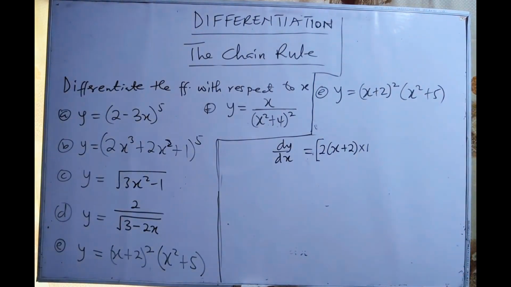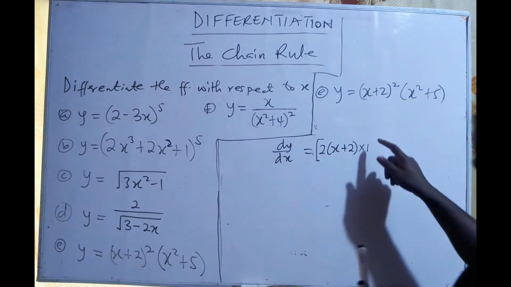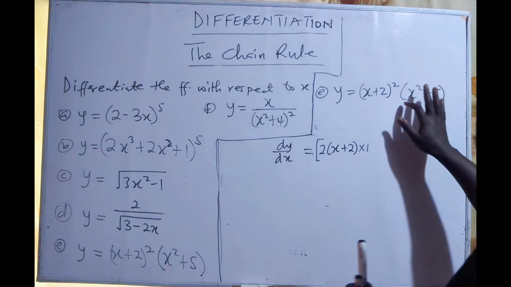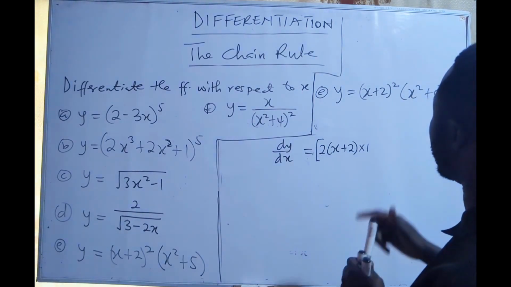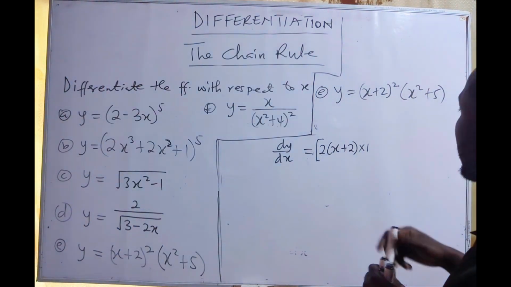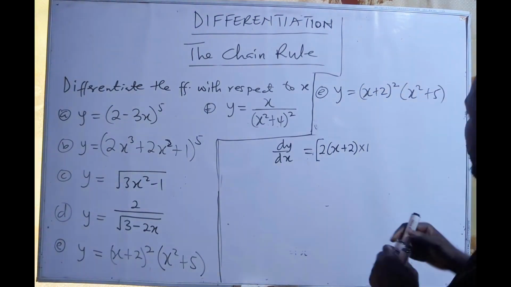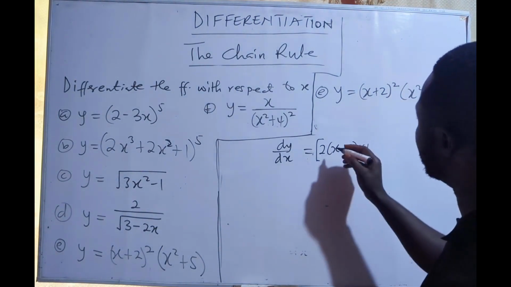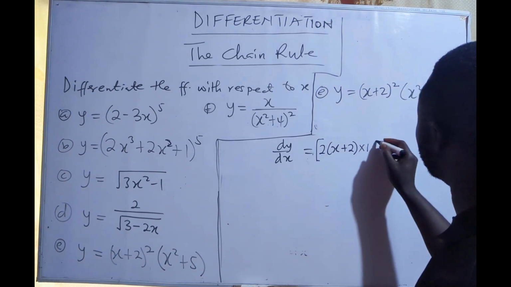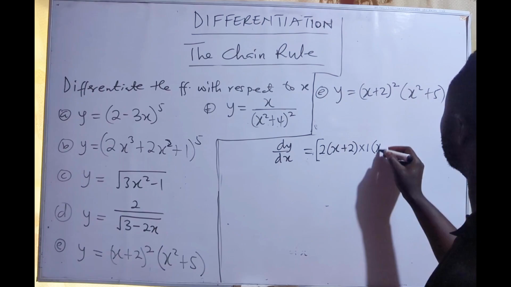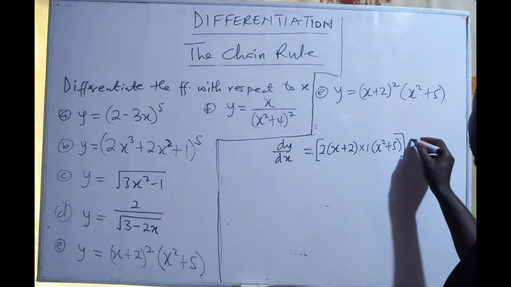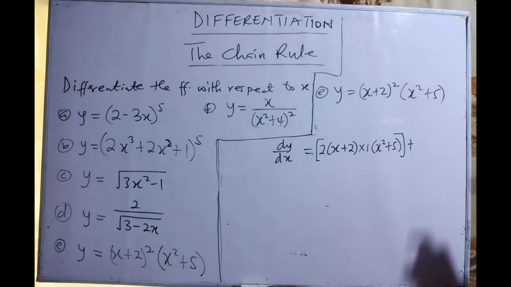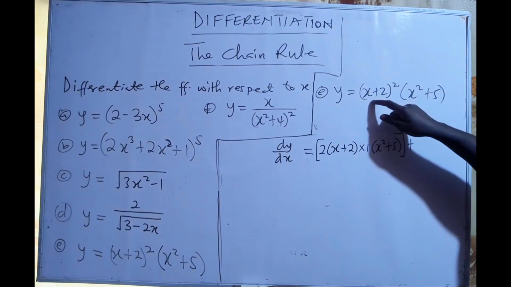After you have differentiated this, you have to multiply by this. So I have differentiated this and I'm going to multiply by x squared plus 5. Then plus I'll differentiate this and I also multiply by this.